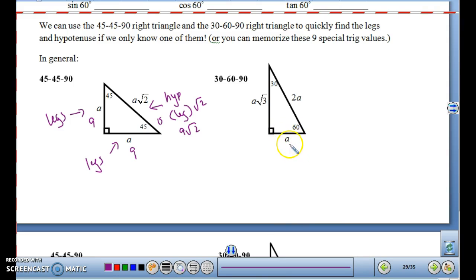If we look at the value A right here, this is the side opposite the 30-degree angle. Here's the 30-degree angle, the side opposite it. This is equal to half the hypotenuse. Okay, so whatever this is, the 30-degree angle will be half that. And the hypotenuse is double the shorter leg.